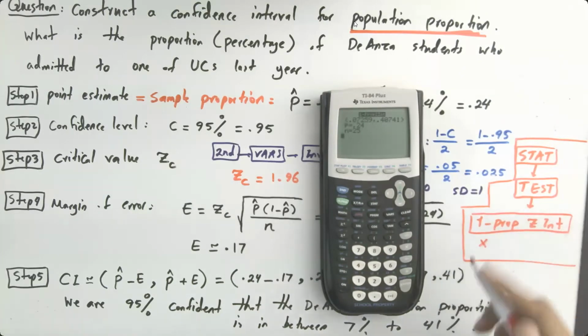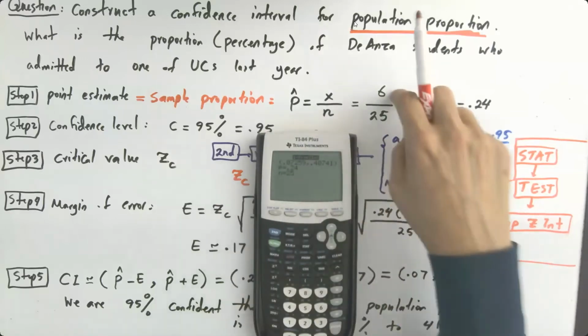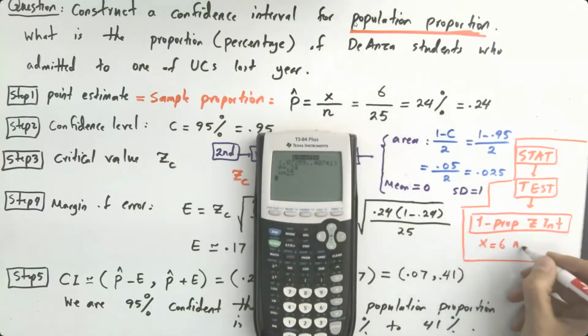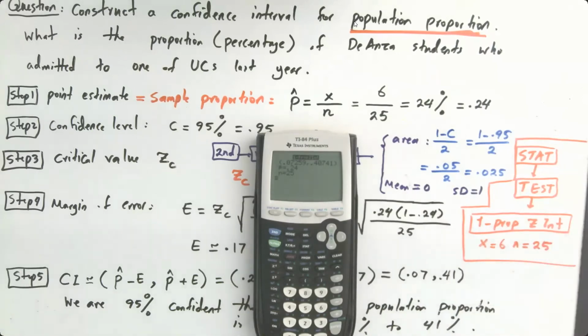Enter x as the number of successes that you have. In this case, it's 6, and n the sample size, which is 25. Then it gives you the confidence interval.